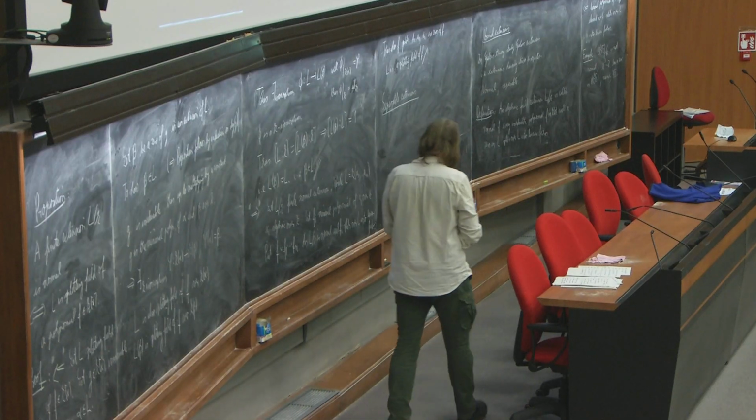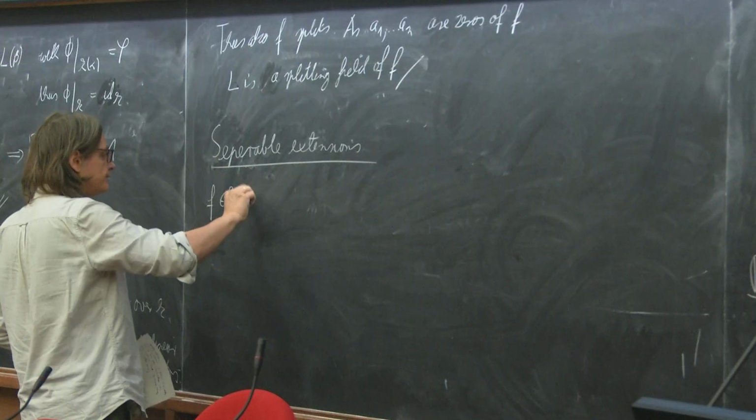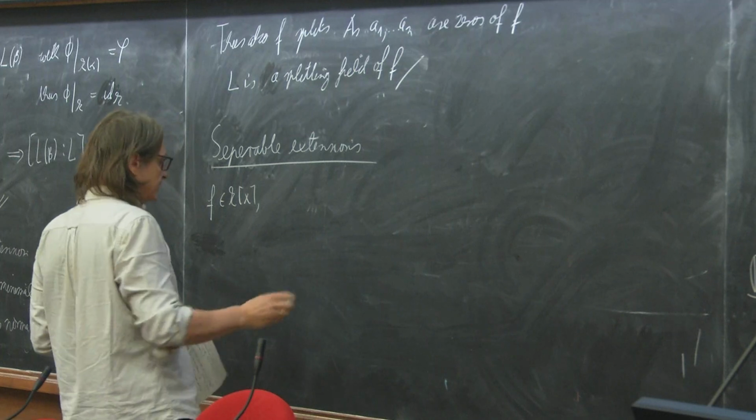So if F is a polynomial in K[X], it will somehow split over some extension.